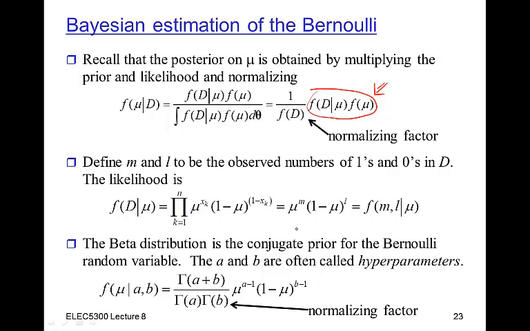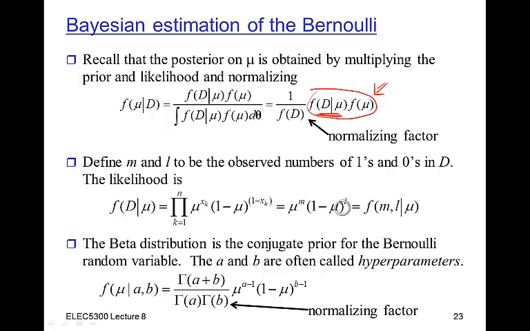This is the likelihood of m heads and l tails given that the probability of heads is mu. So our data is m heads and l tails, and that's the likelihood of the data. We're going to stick that inside here.